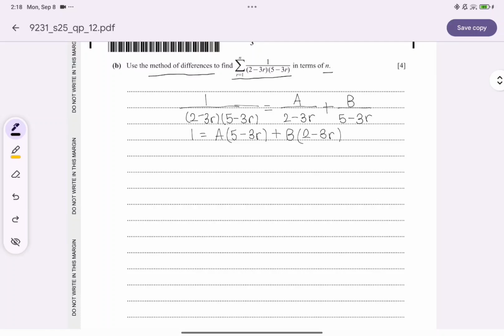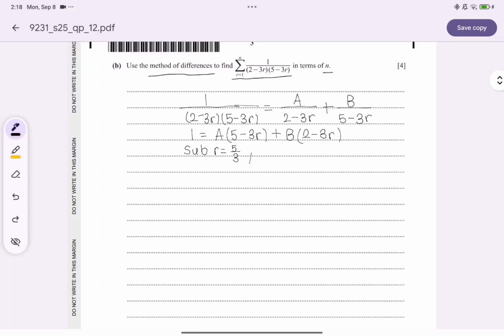Okay, and now let's sub in a number that makes either of the terms 0, so that we only have to find either a or b. So in this case we'll make 5 minus 3r 0, which means we substitute r equals 5 over 3.